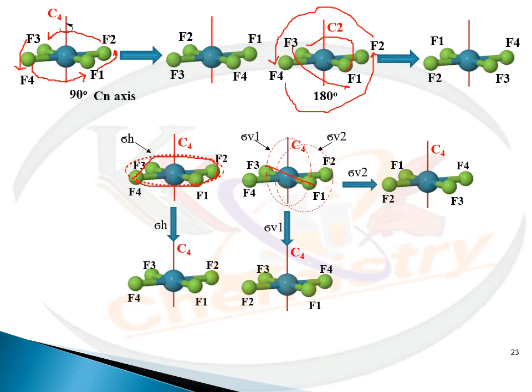This one will reflect this one, and this one will reflect this one. Now if we put another plane in this direction, we get sigma v2.